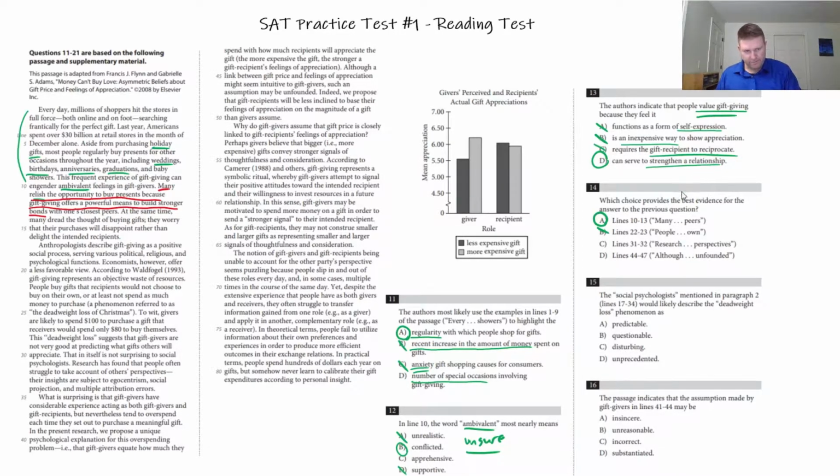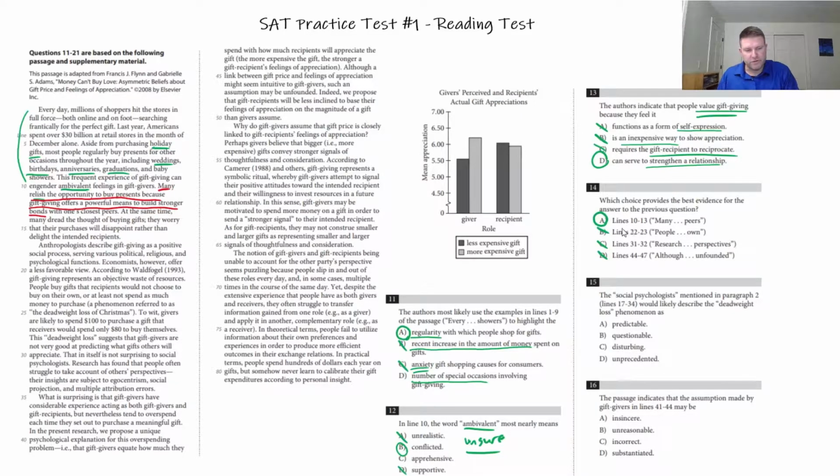Is that why people value gift giving, because it can strengthen a relationship? No. And then 44 to 47: "Although a link between gift price and feelings of appreciation might seem intuitive to gift givers, such assumption may be unfounded." That's not proving that they value gift giving because it strengthens a relationship.